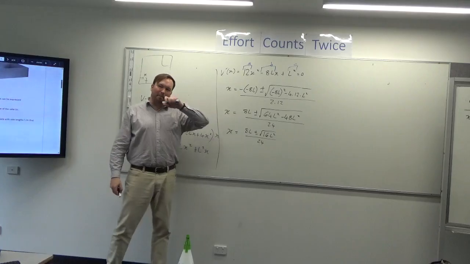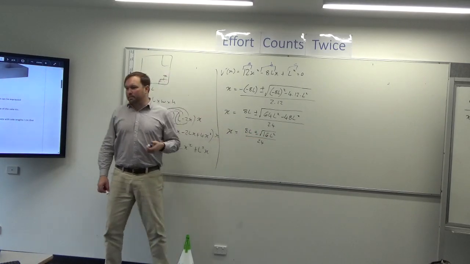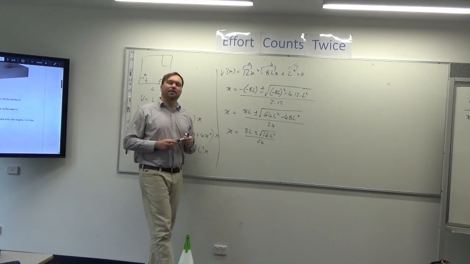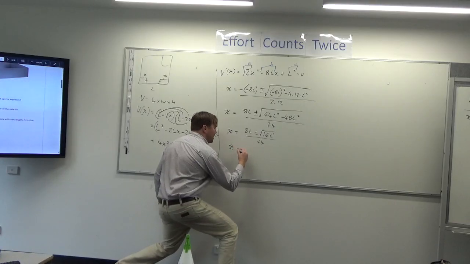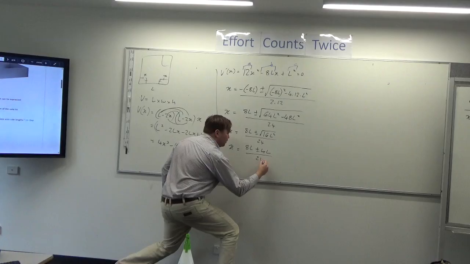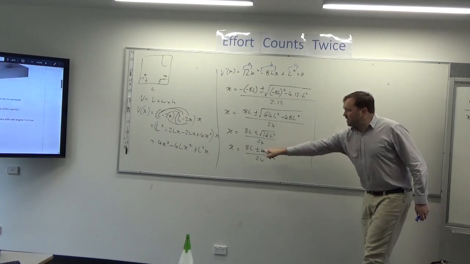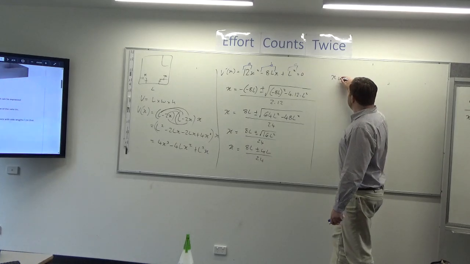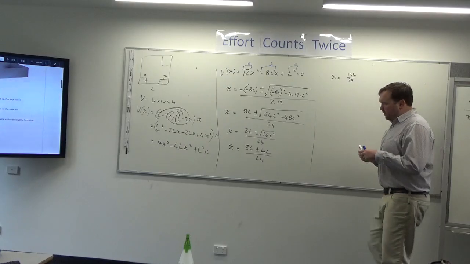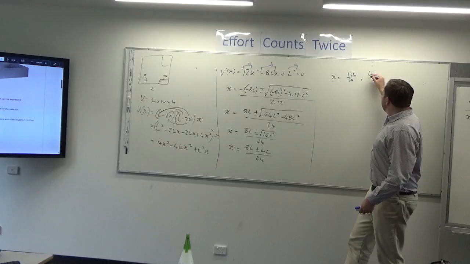We're feeling like things are kind of nice now. 16 is such a nice number to have there. This root can be applied to both things inside. Now we've got rid of the plus or minuses in there. So what is the square root of 16L squared? 4L. Beautiful. So this becomes x equals 8L plus or minus 4L on 24. Let's split that separately. 8L plus 4L means x is 12L on 24, or 8L take 4L is 4L on 24.